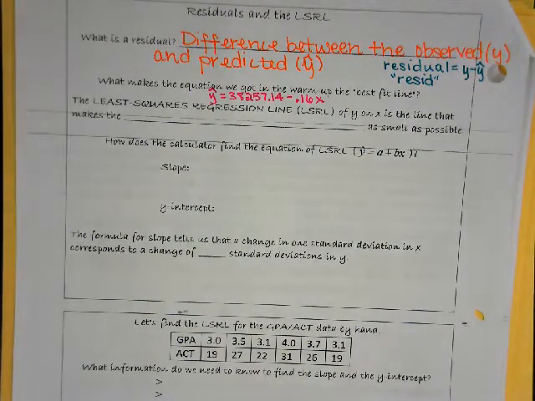out. So the least squares regression line of y on x is the line that makes the sum of the squares of the residuals as small as possible.